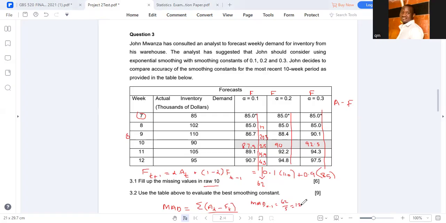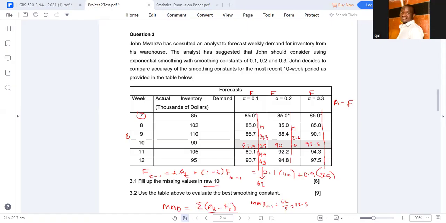12.4. And we do the same for the second one here. So 102 minus 85. I'm sure these are the things you submitted. Okay. So we have 17, 21.6, and 0, because 90 minus 90 is 0.